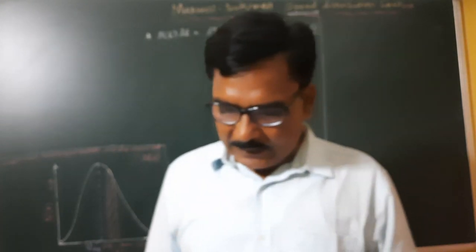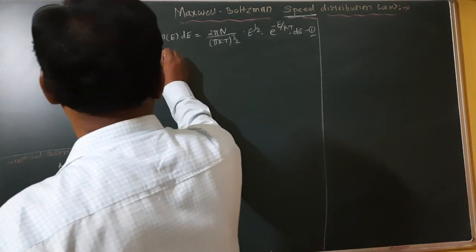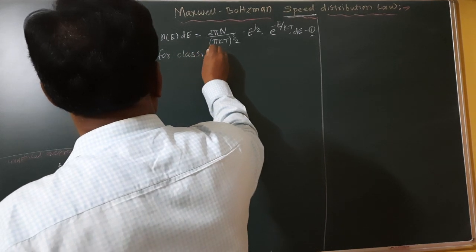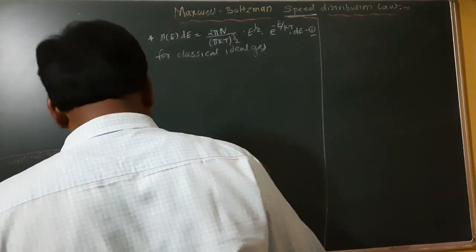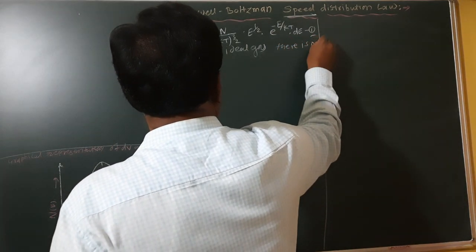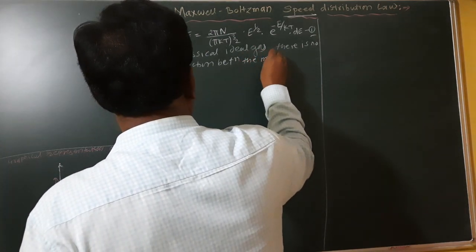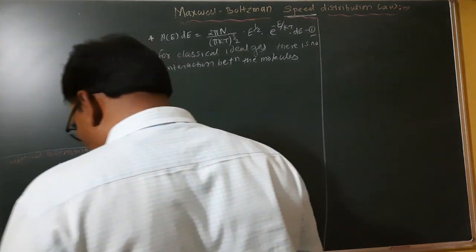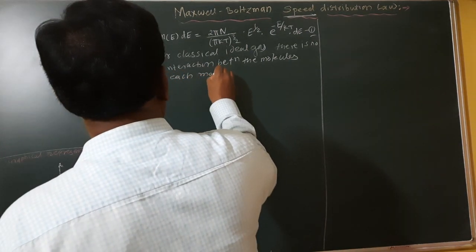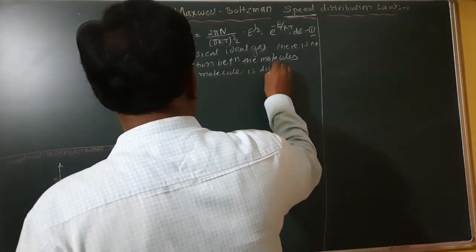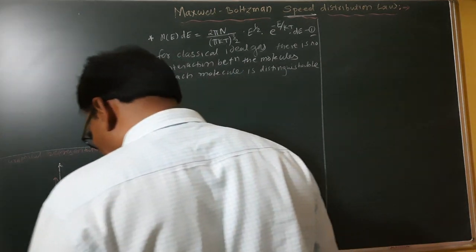For the classical ideal gas, there is no interaction between the molecules, and each molecule is distinguishable from one another.